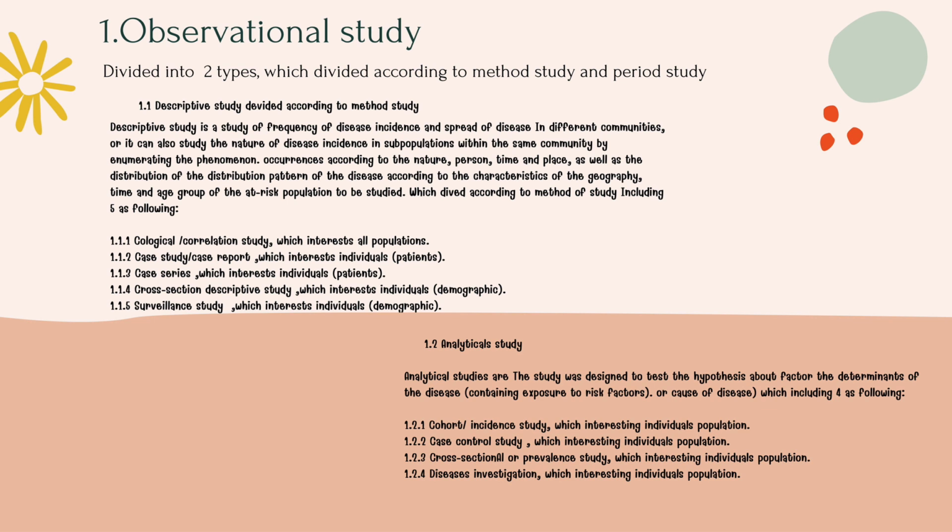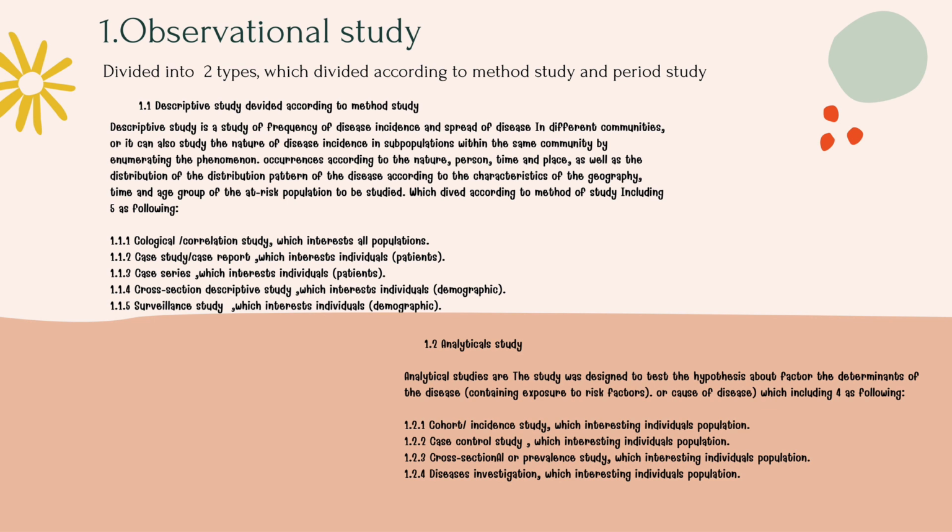And then I'm going to talk about analytical study. The analytical study is designed to test the hypothesis about factors, the determinants of disease, concerning exposure to a risk factor or cause of disease, which includes 4 types as follows. 1.